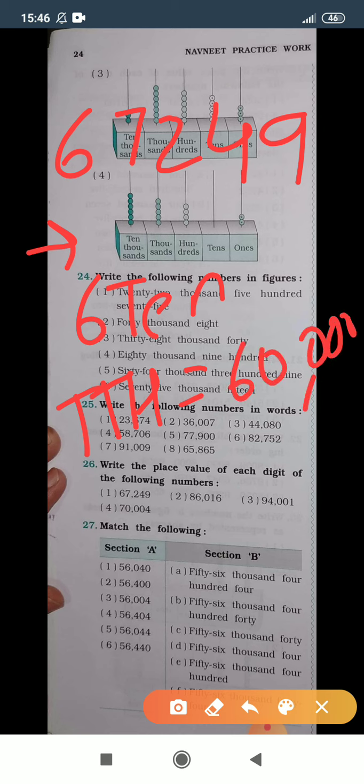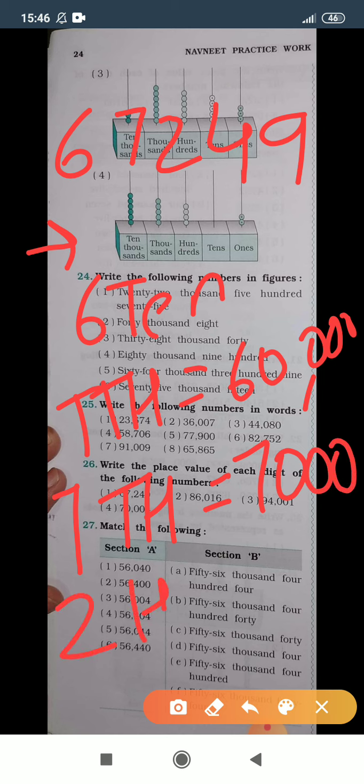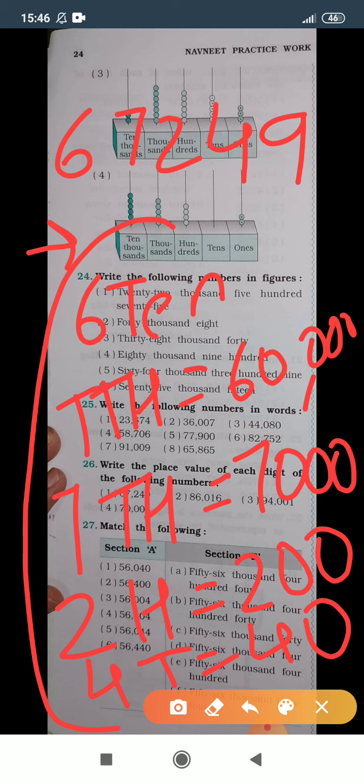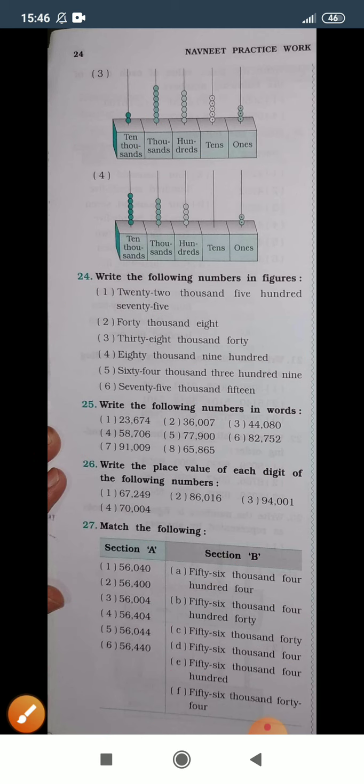After that 7 is on 1000 place, so 7,000 equals 7,000. Then 2 is on 100 place, so 200. 4 is on tens place, that means 40. You can write it this way in your notebook.